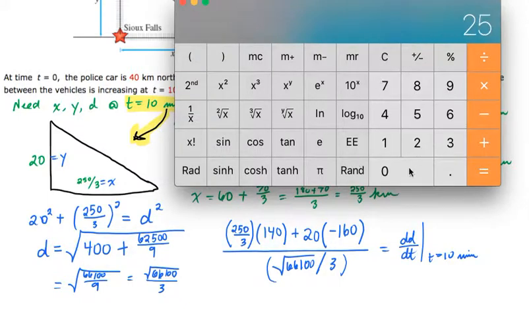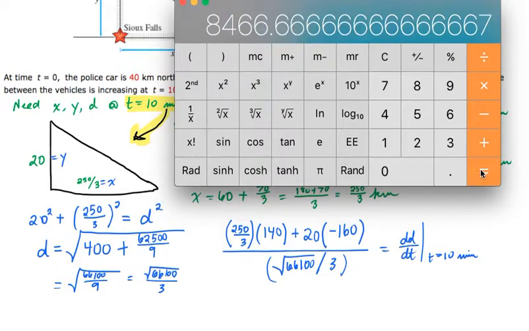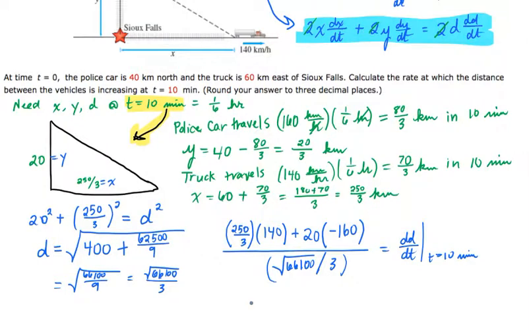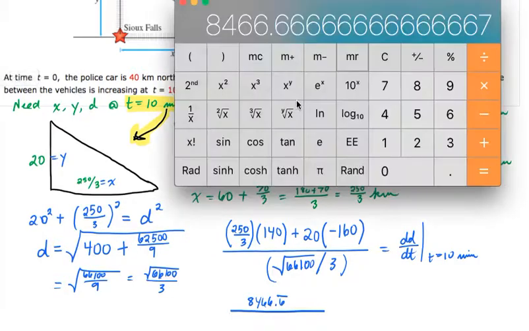So 250 times 140 divided by 3 minus 3,200 is, I'm going to store this in my memory here, 8466.6 repeating, all divided by this other value.